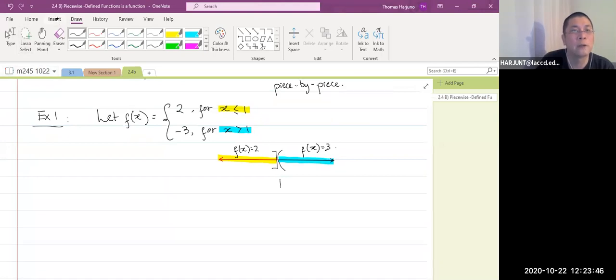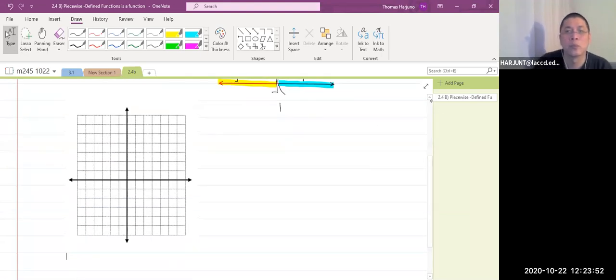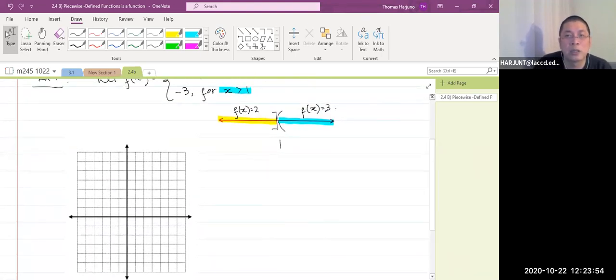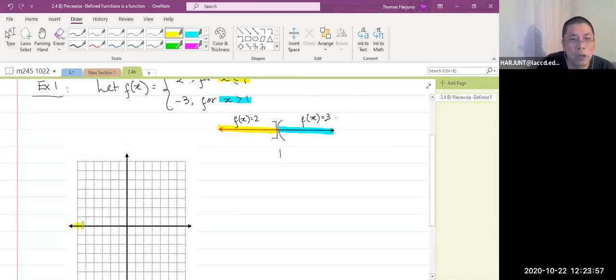Okay, so how do we graph that then? What will the graph look like? When x is less than or equal to 1, the function is 2. So f(x) equals 2 is a horizontal line, right? Okay, so from here, do I include the endpoints, by the way?